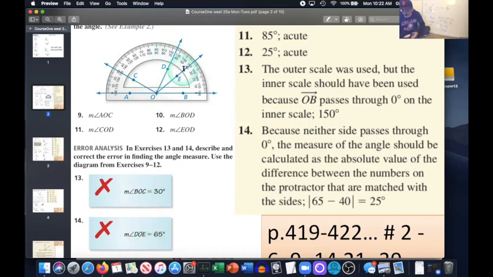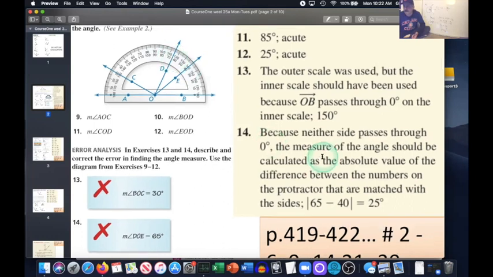Well, DOE, okay, well, what they did is they just said, okay, let me just pick the number I see here. But you didn't go from E to D by starting at a baseline. You started at 40. You didn't start at 0. So if you're going from 40 to 65, subtract.